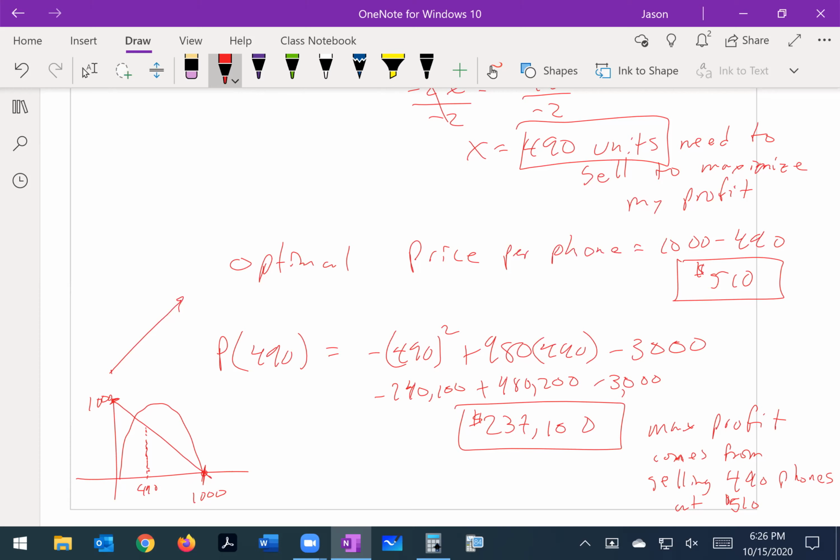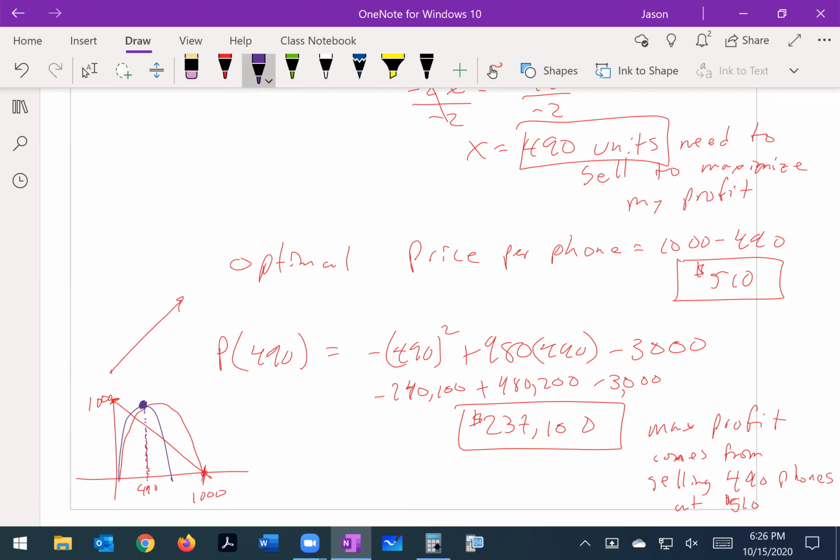Okay, and the profit function says, I'll put the profit function in a different color, because it says, look, at 490, the profit function is going to have a maximum value.